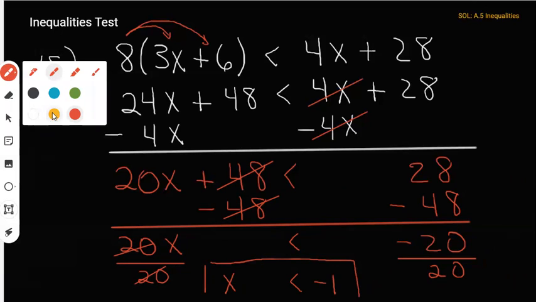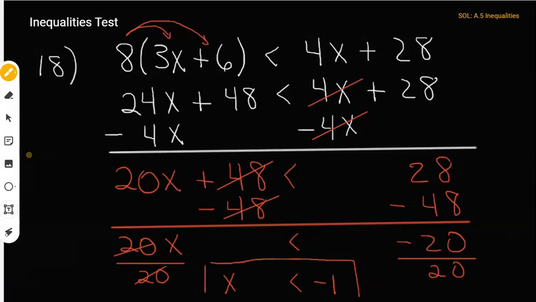So then I'm going to do the solution sets up here. And then the line is going to be down here.